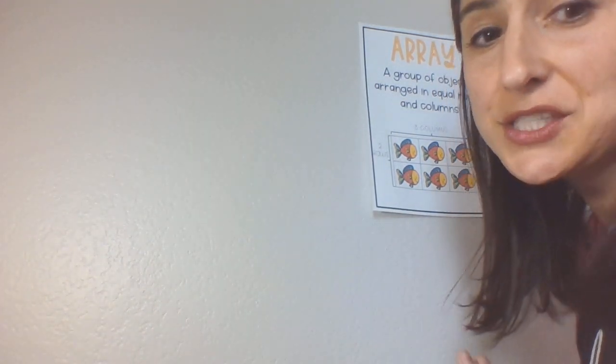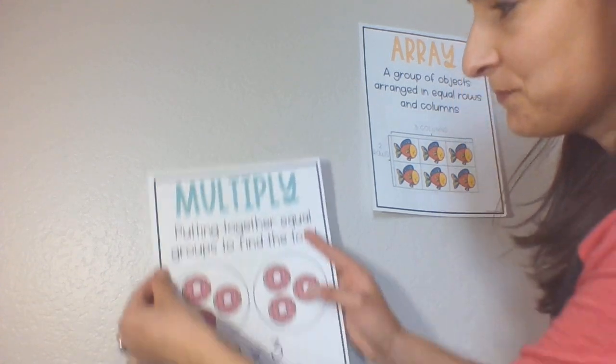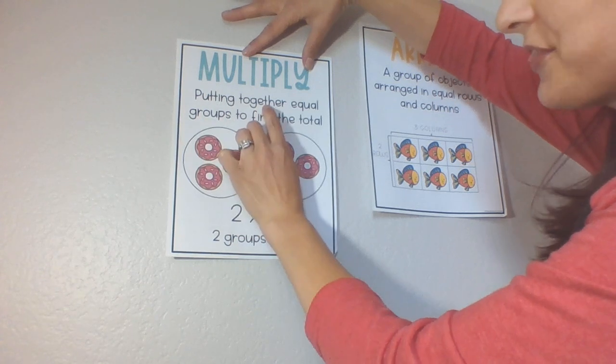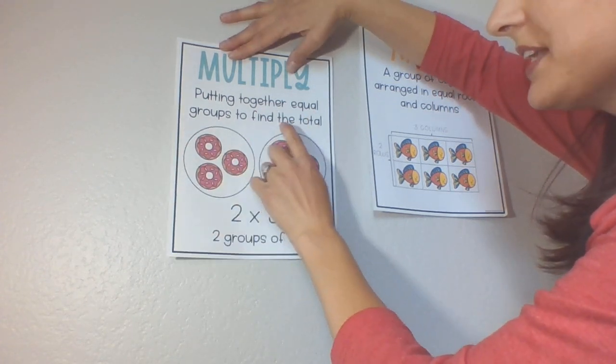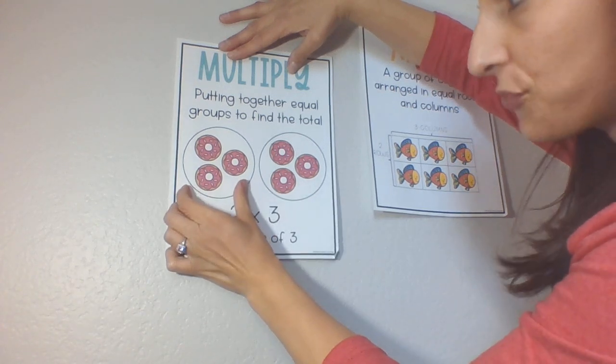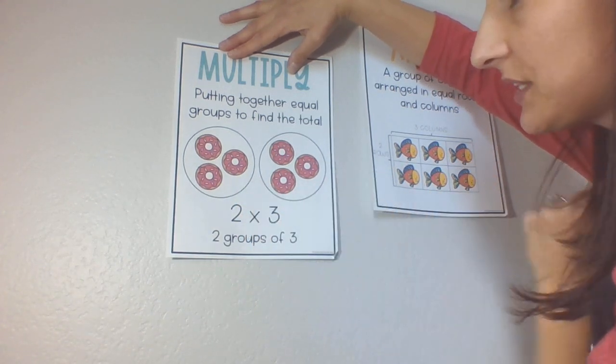Another word you're going to hear in this math unit: multiply, right? Putting together equal groups to find the total. Equal groups, right? There's 3 donuts here, there's 3 donuts here.